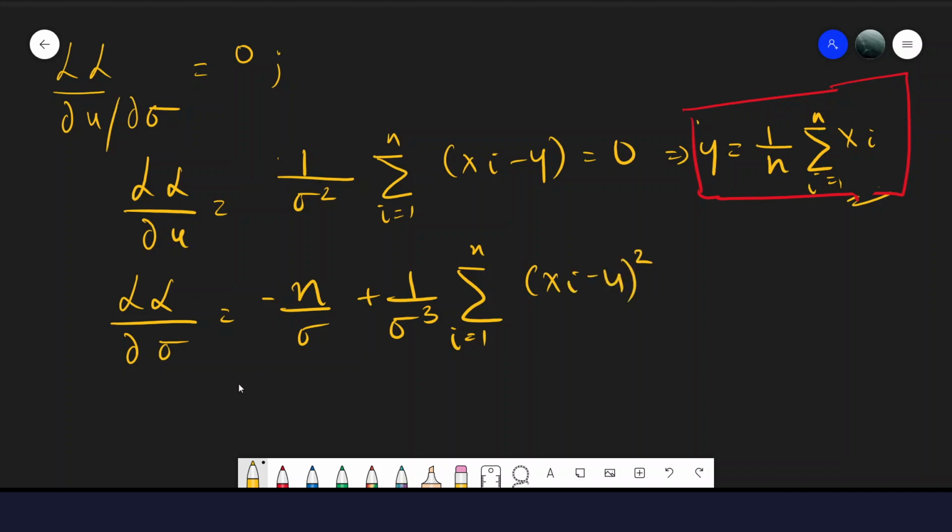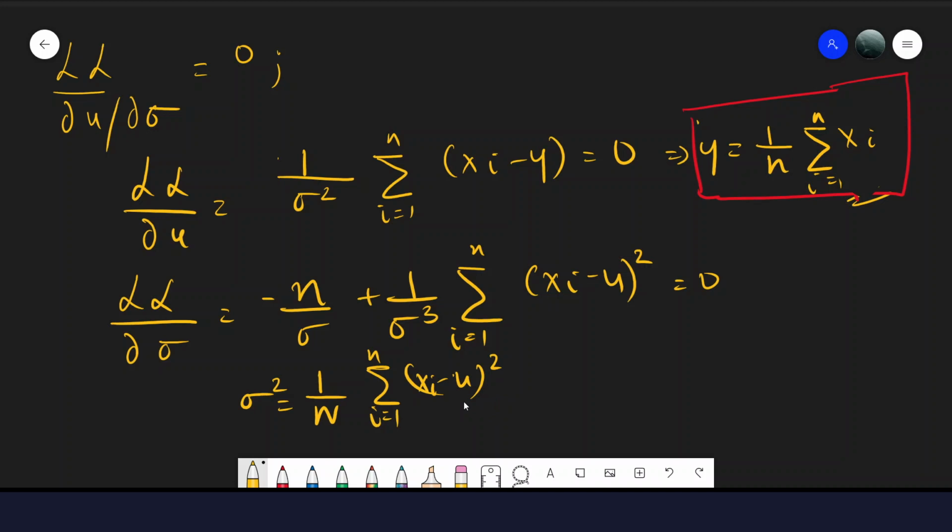If I again equate this to 0 and solve for sigma, which is the standard deviation, or take this as sigma squared, which is the variance, I get 1 by n, where n is the number of data points, sigma i equals 1 to n of xi minus mu the whole square. This is the formula for your variance.